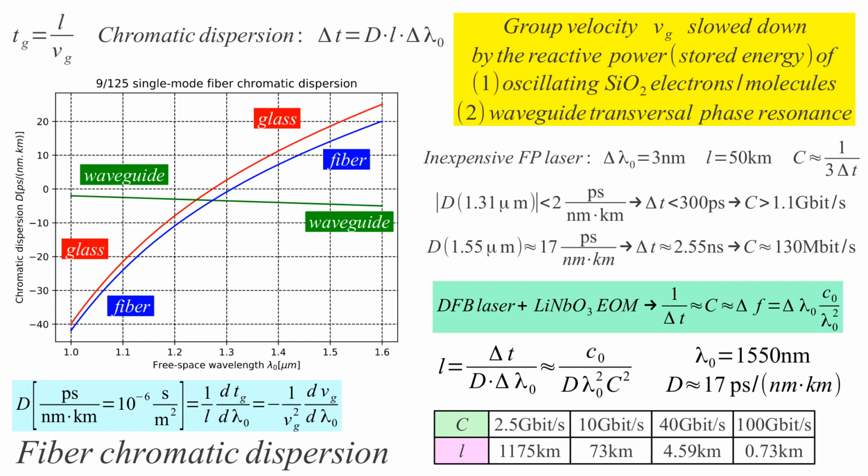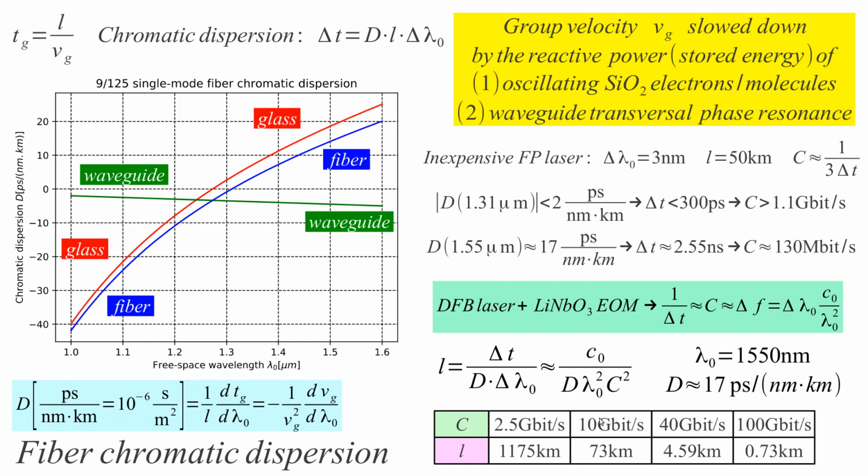If we equate this capacity to the dispersion, we can calculate the link length for various capacities. And this link length assumes a perfect transmitter here, bandwidth only defined by the laser, and fiber that has some finite dispersion.